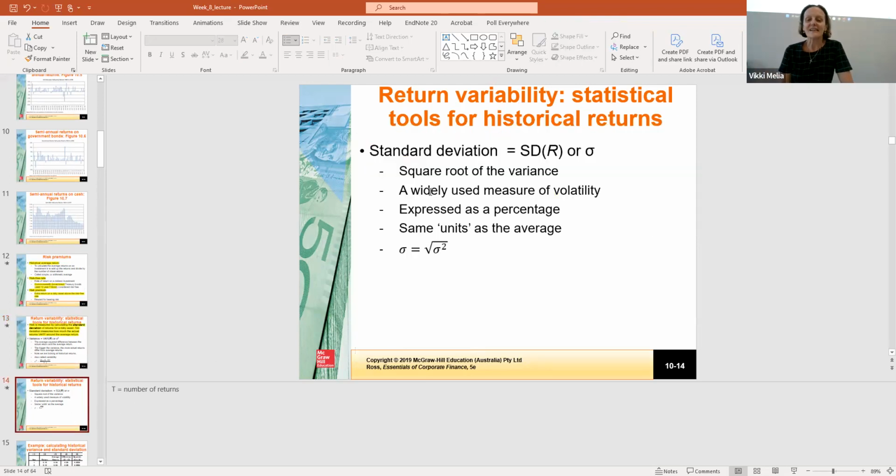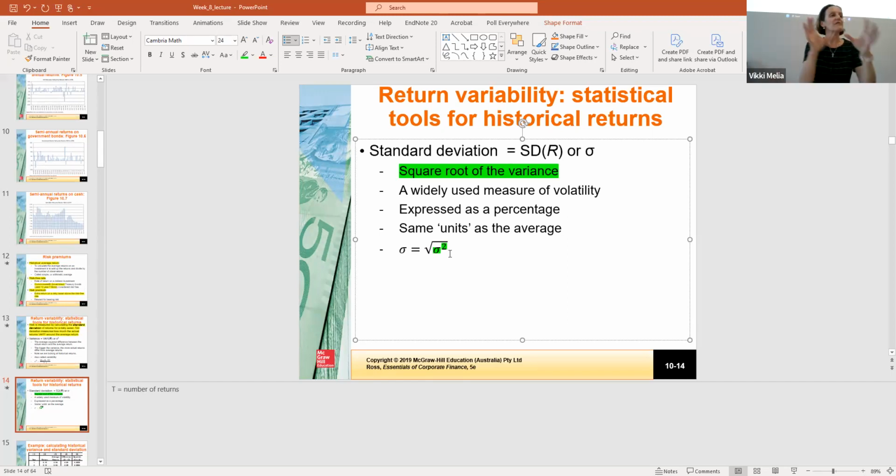The standard deviation, as it says here, is just the square root of the variance. So the standard deviation, sigma, is the square root of the variance. So our first big step is trying to calculate variance. Once we get the variance, all we have to do is put it in the calculator and take the square root of it.